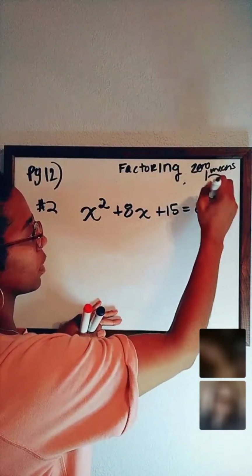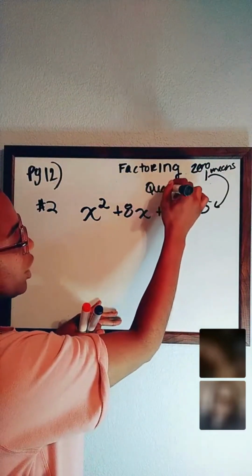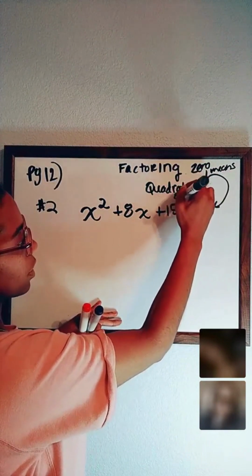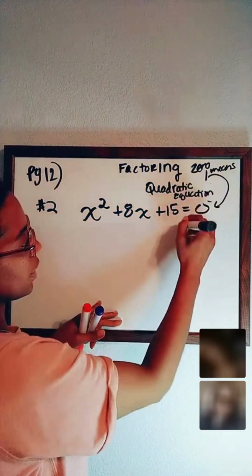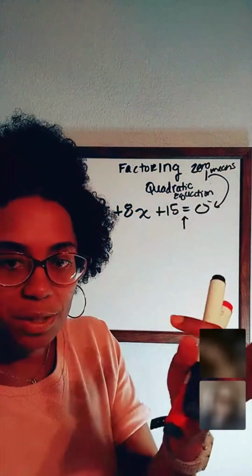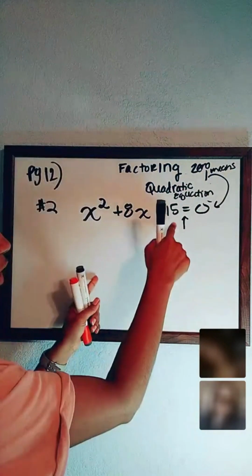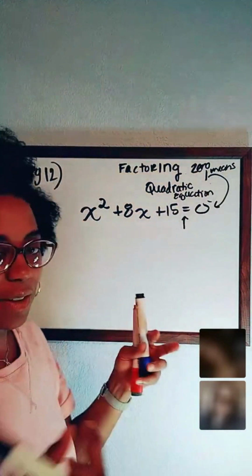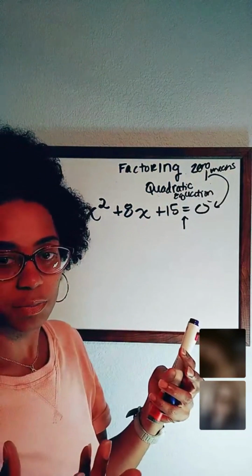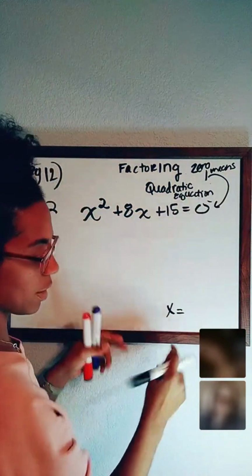So anytime you see equal to 0, that makes it a quadratic equation. First of all, it has an equal sign, so it's an equation. It's no longer an expression because now I have an equal sign. And anytime I have something equal to 0, that means I need to find out what x is equal to.